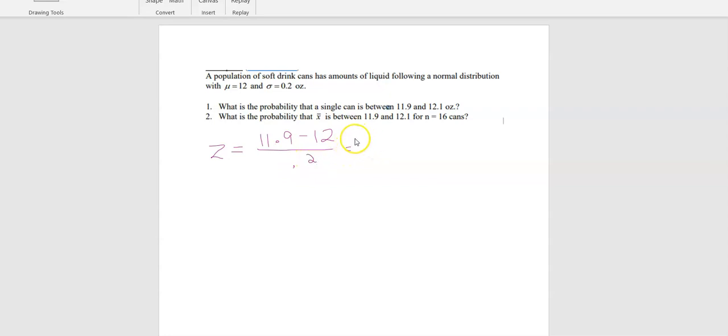So this gives us negative 0.1 over 0.2, or negative 0.5. Now we'll look that up on our table in a minute, but let's go ahead and do the 12.1 first, and we can just look them both up. So we've got 12.1 minus our mean of 12 over 0.2, which gives us a positive 0.1 over 0.2, or a positive 0.5.